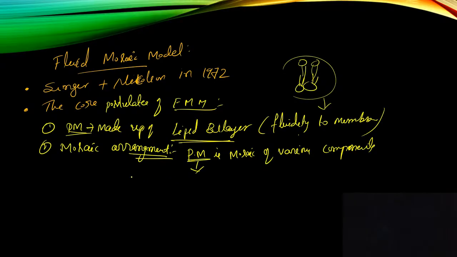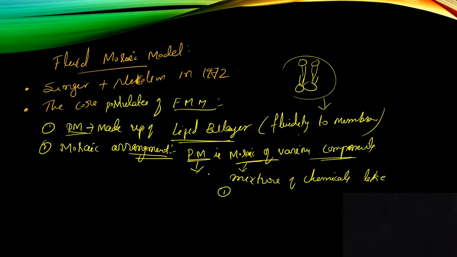Mosaic means a mixture of chemicals. Can you list them out? We discussed this earlier.